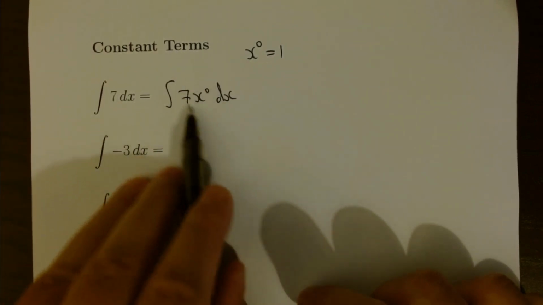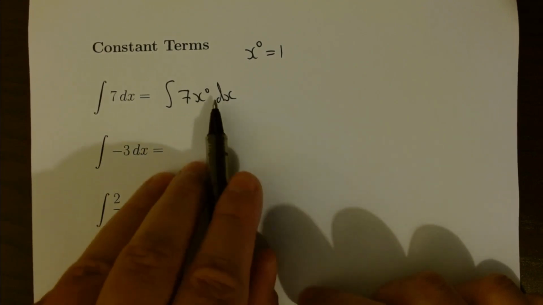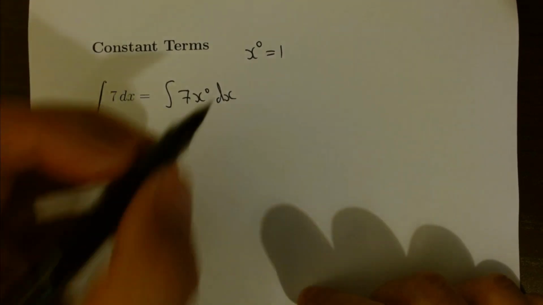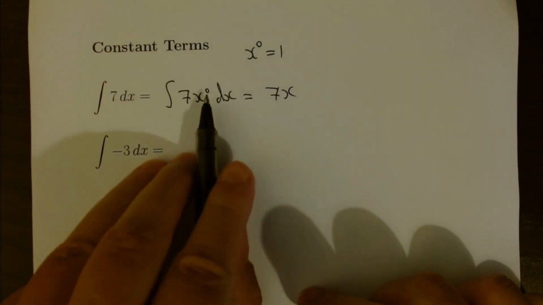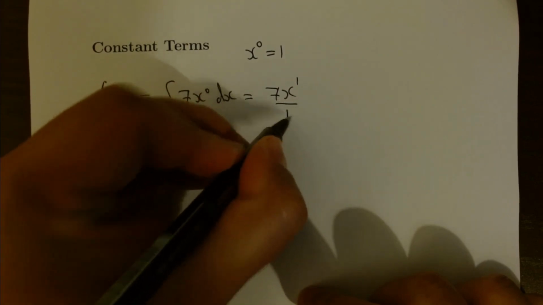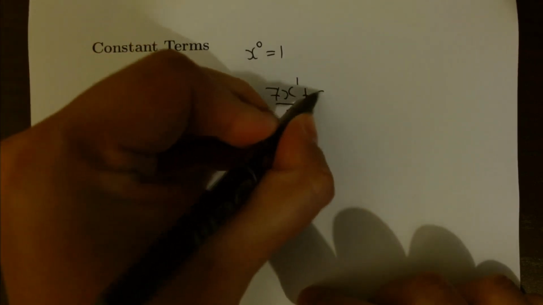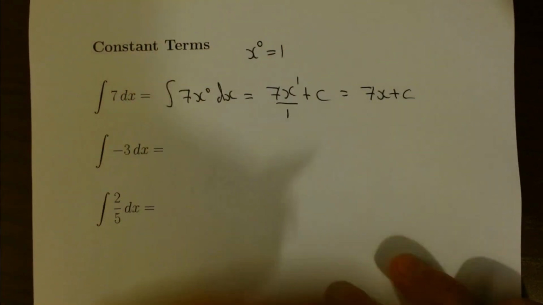because that's still 7, it's still the same question, but now we can use the rule. We add 1 to the power and divide by it. So you get 7x, we add 1 to the 0, divide by the 1 plus c, and now we can just simplify this. We get 7x plus c.